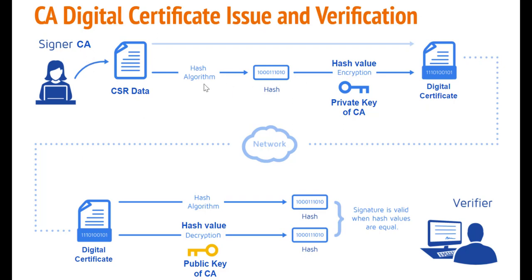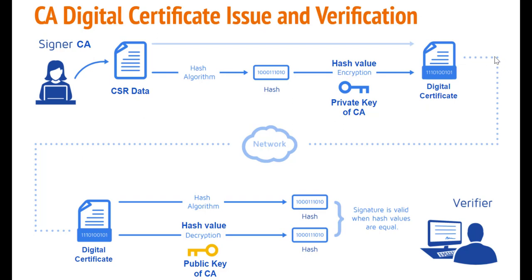How is it signed? A unique value, that means the hash value, is generated using this particular CSR data, and that hash value is encrypted using the private key of the CA. This particular section is called the digital signature. Once the digital signature is there with the CSR data, that forms the digital certificate.